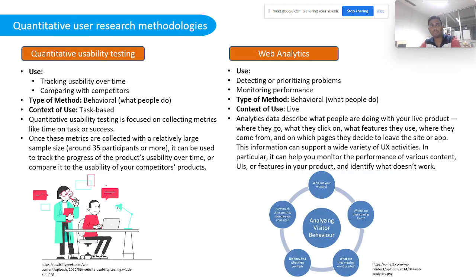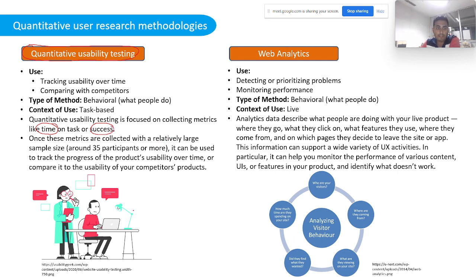Okay, so let's discuss a few quantitative user techniques. The very first one is quantitative usability testing. As discussed, just briefly here. What we do in quantitative usability testing is collect the time as well as whether the user succeeds or fails in particular activities.